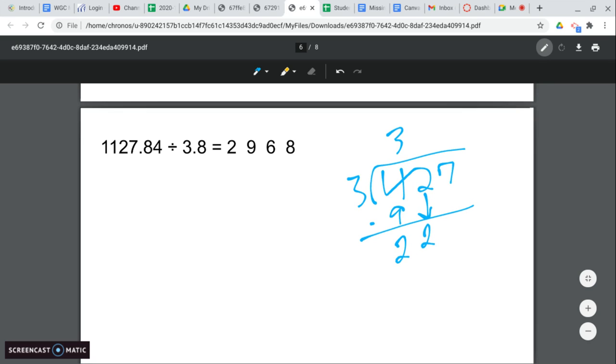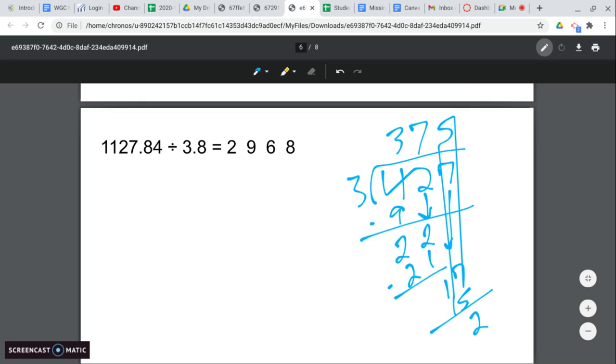We get 22. 3 goes in 7 times. We get 1. We bring down the 7. It can go in 5 times, so 15 with a remainder of 2. So we end up with 375, remainder 2.